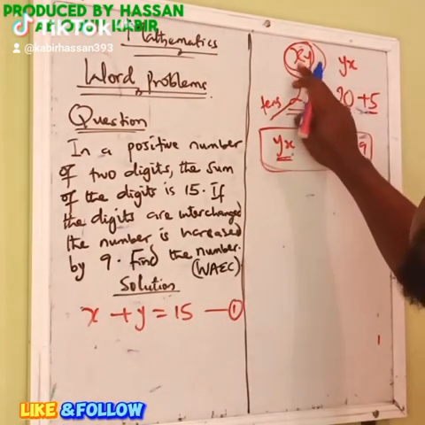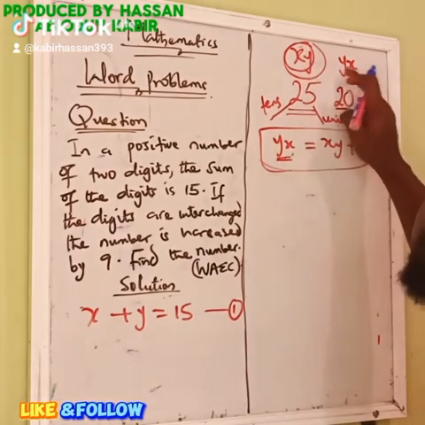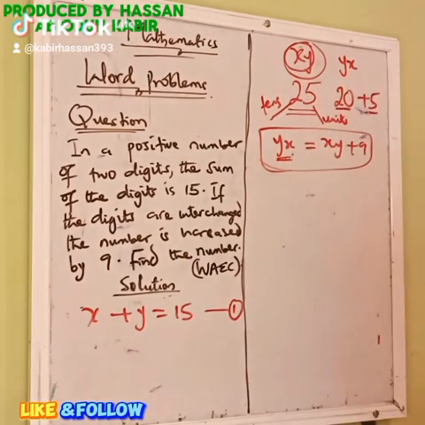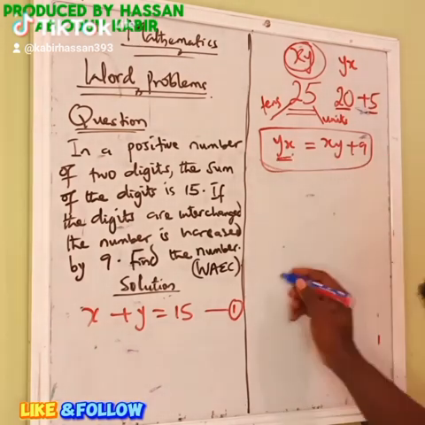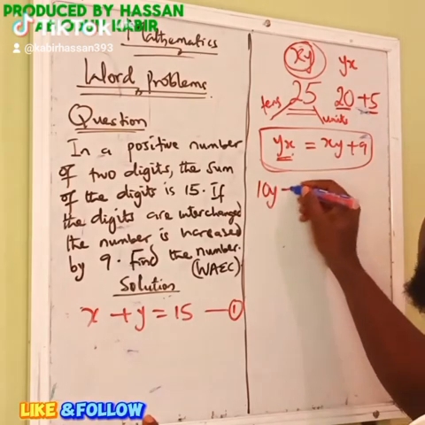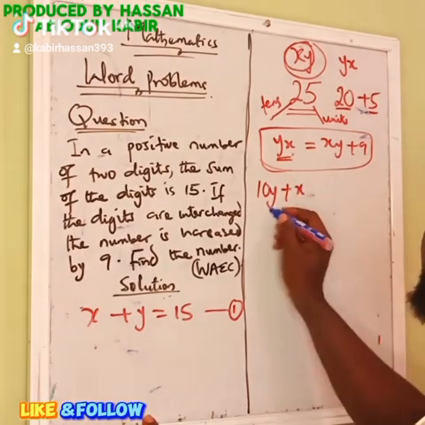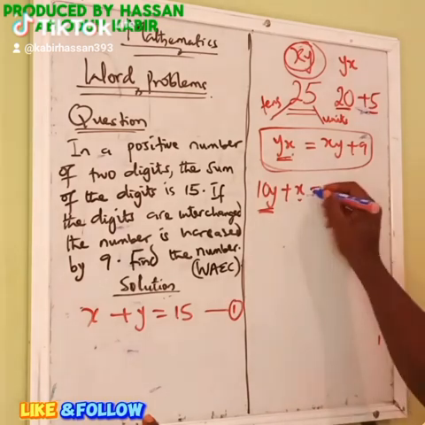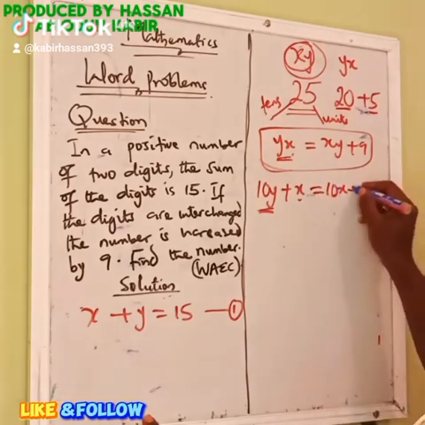Here, x is tens, y is units. The moment it is interchanged, y is going to be tens, x is going to be units. So if you want to write this equation now, it's supposed to be 10y plus x, because this one is tens, while this one is what? Units, equal to 10x plus y.